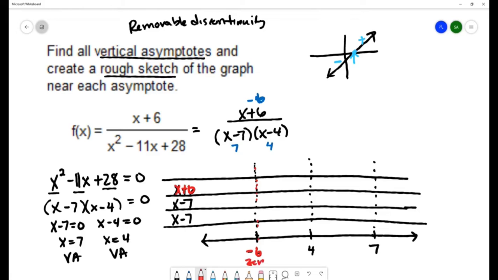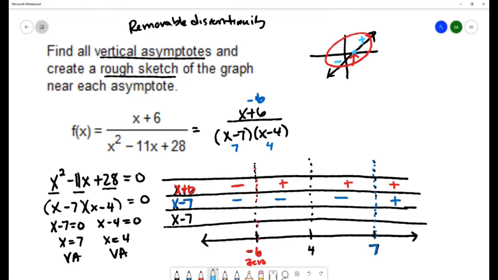So remember we said it changes signs over the 0 or the x-intercept. So it's going to be negative to the left of that 0, but positive to the right of it. Then the next factor is x minus 7, which has a 0 of 7, so it's going to change signs over that 0. It will be negative to the left of it and positive to the right of it.